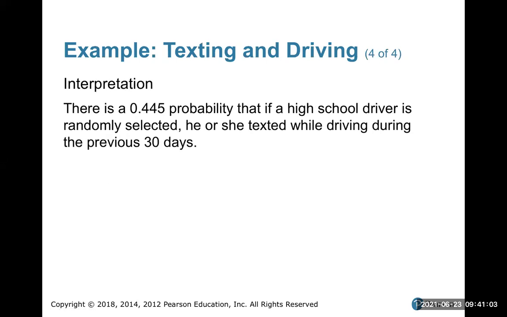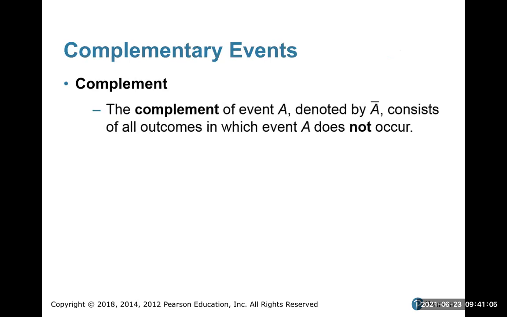So favor over total. Complement of an event, we're also going to see the probability of that in 4.3 today. Complement of an event is whatever is exactly opposite of the event. So if I say the event is texting while driving, what is the event that is the complement to that?